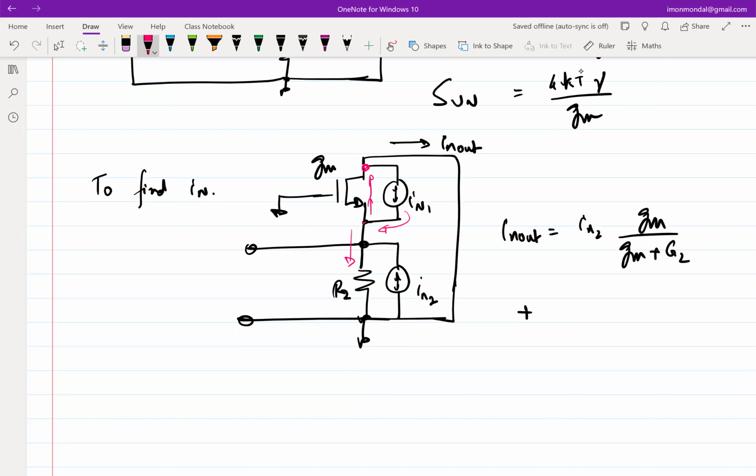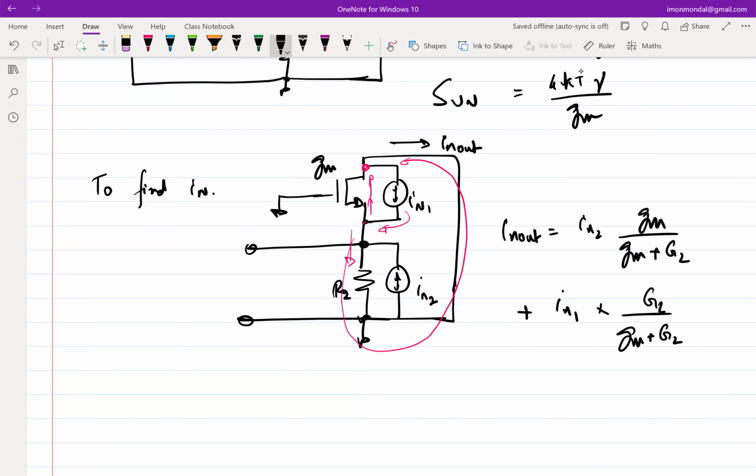So essentially the part that is going down is the one that is contributing to IN out. So what part is going down? Again, IN1 times G2 by Gm plus G2.